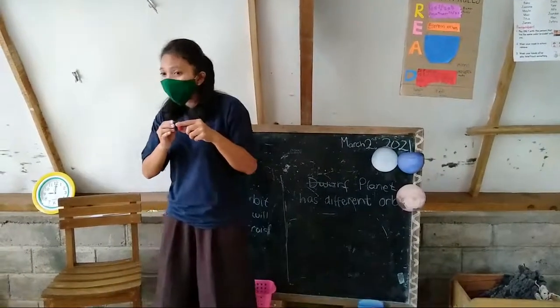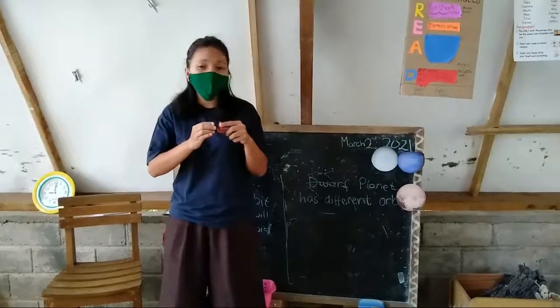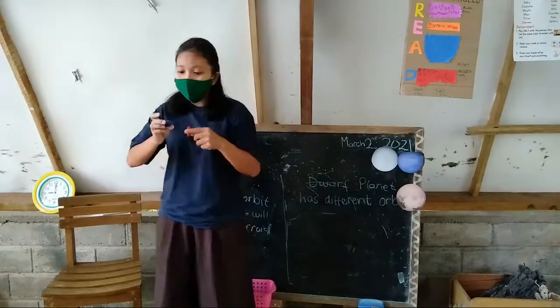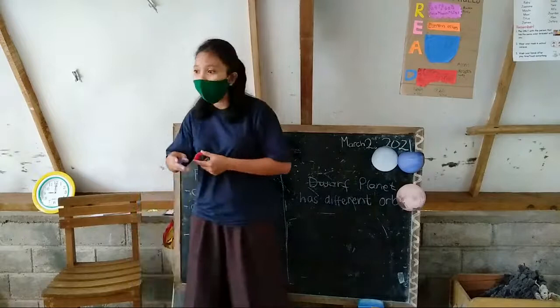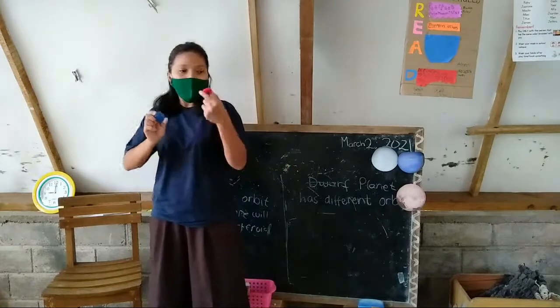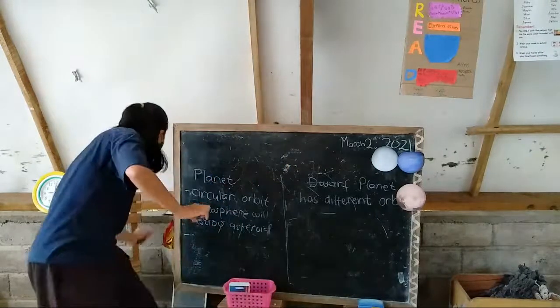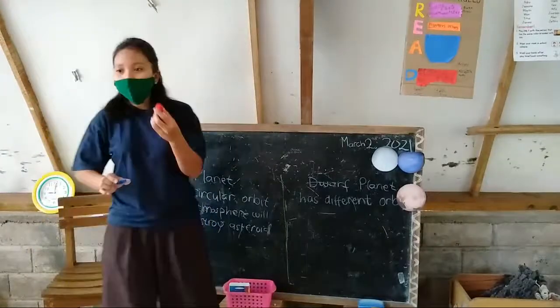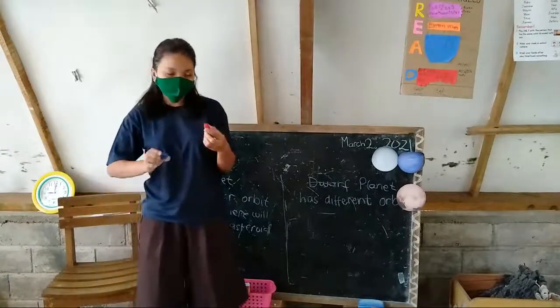That is what happened with the Earth's atmosphere. For example, Earth is the blue planet, right? So I will take this as Earth, and the red magnet here as an asteroid.